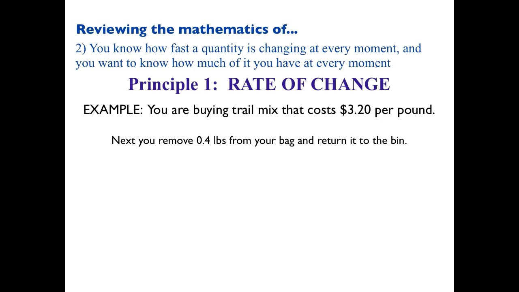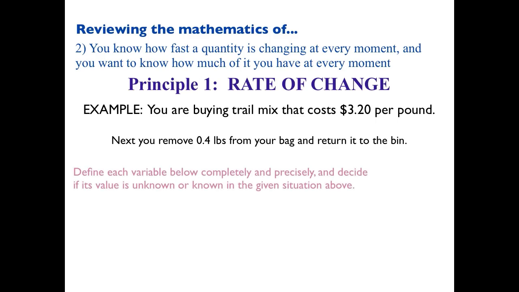We remove 0.4 pounds from the bag and return it to the bin when no one's looking, right? When no one's looking. What is dx now? So it has the same meaning. What's its value? Negative 0.4. How would we find dy?